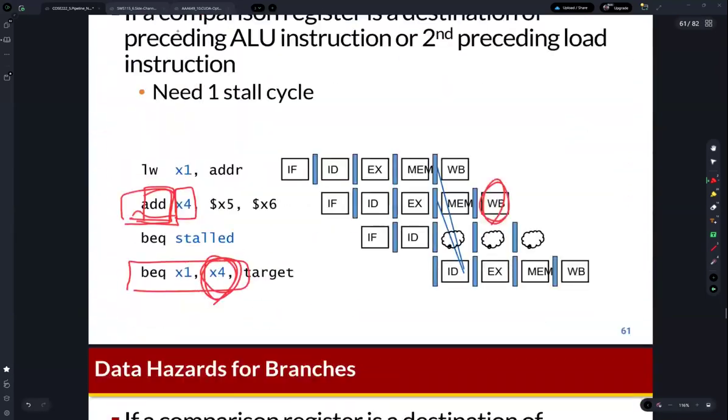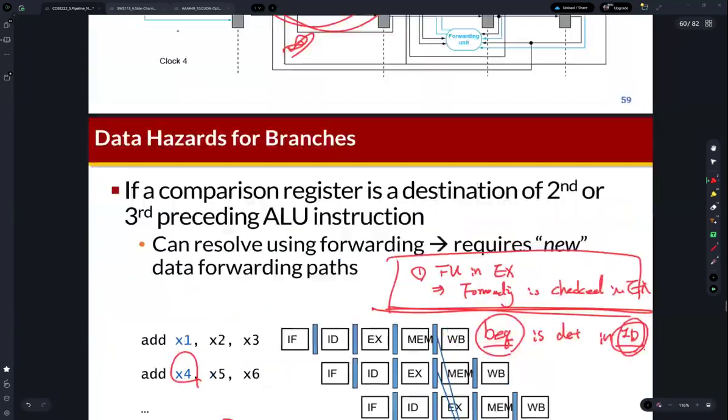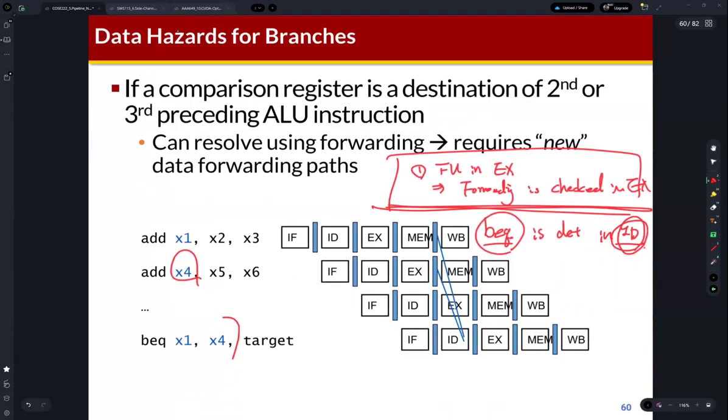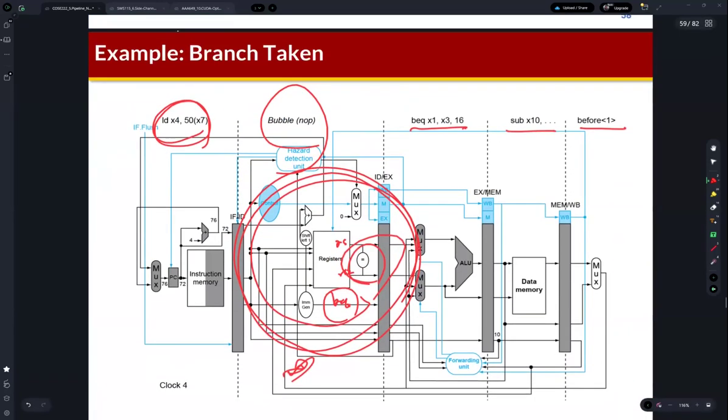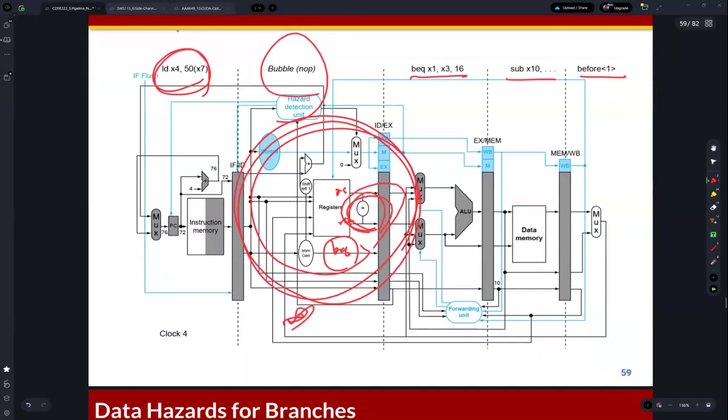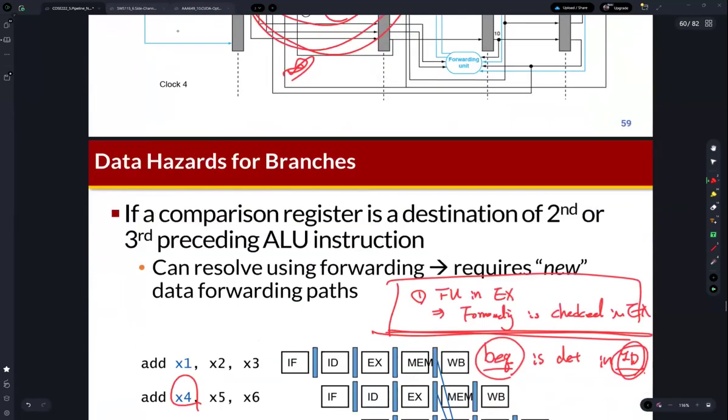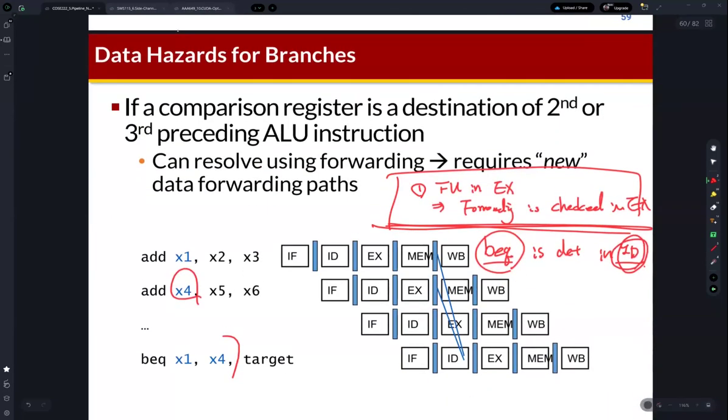So actually, I don't like this approach, right? But if you read the textbook, this is a slide from the textbook, and the textbook just applies this approach, right?